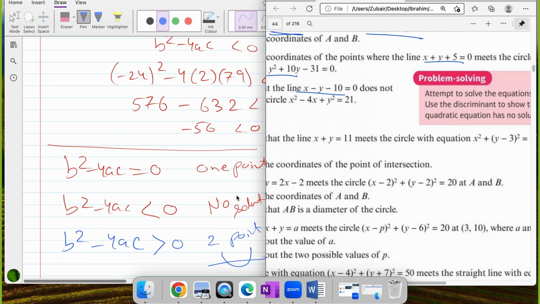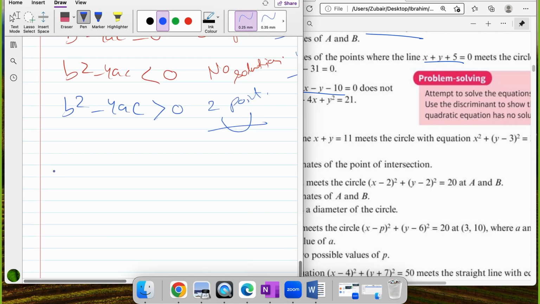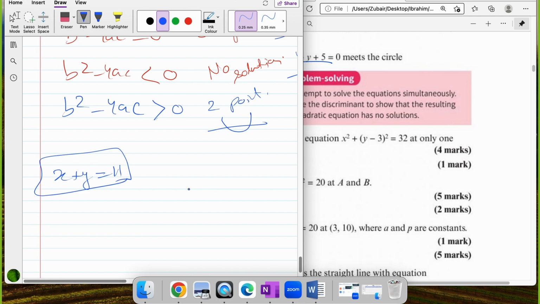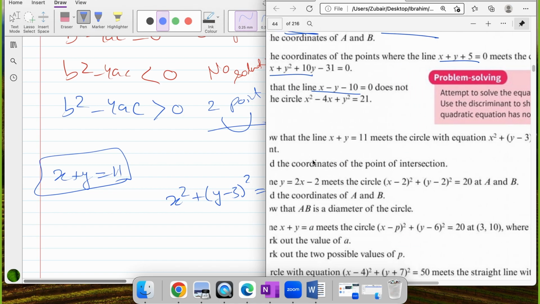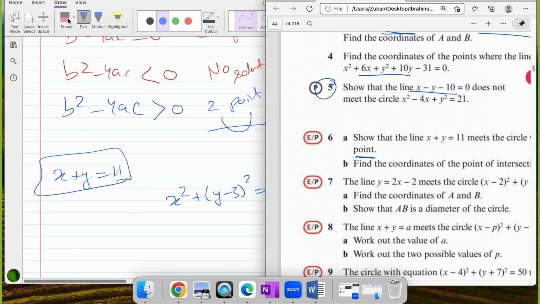So show that x plus y is equal to 11, one equation, and the other is x square plus y minus 3 whole square is equal to 32, at only one point.